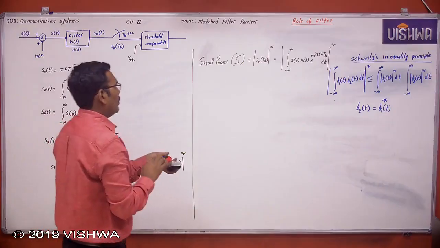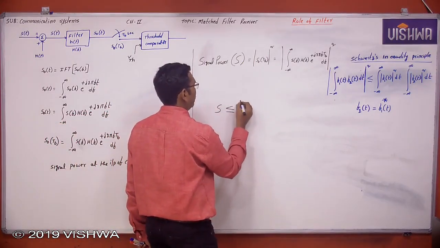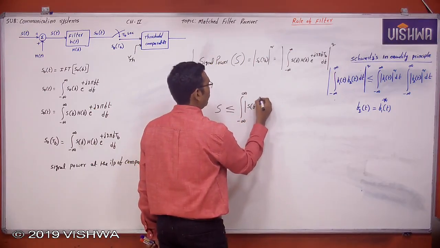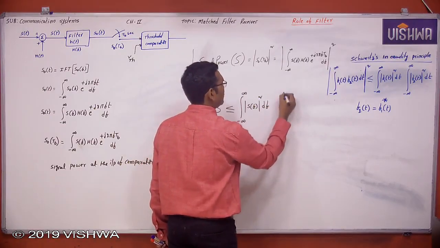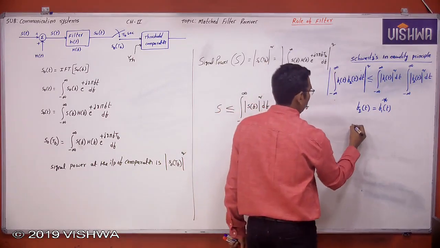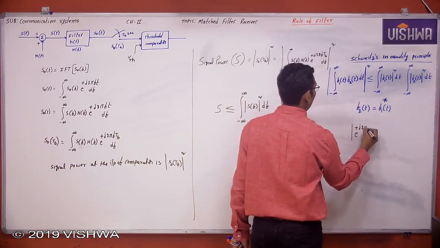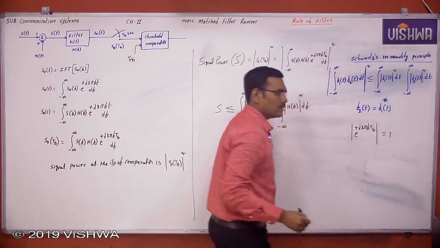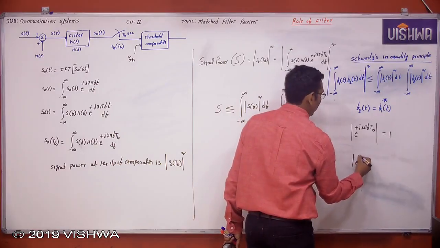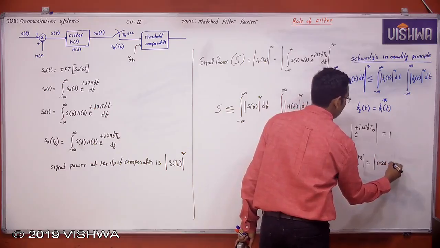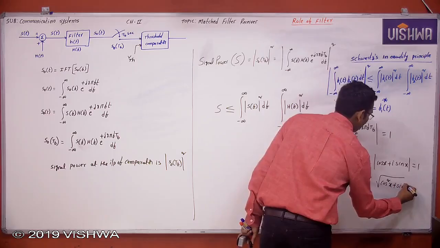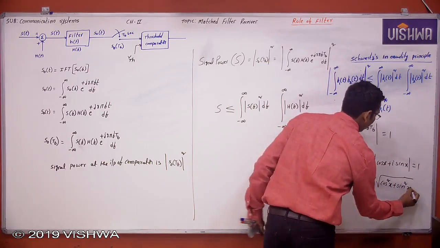So can I apply this one? Therefore the signal power, which is nothing but the integral from minus infinity to infinity of mod S of f whole square df, times the integral from minus infinity to infinity of mod H of f whole square df, because the modulus of e power plus j 2 pi f Tb value is how much? 1, because mod of e power ix is nothing but cos x plus i sin x, which is the square root of cos square theta plus sin square theta, real part square plus imaginary part square, whose value is equal to 1.